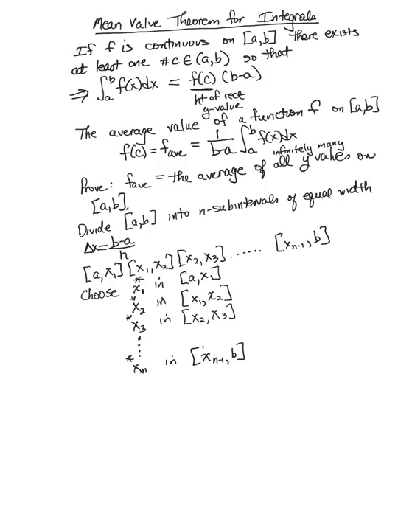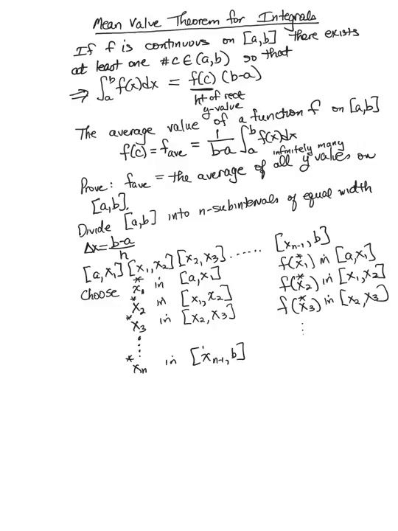And now that we've chosen them, we're going to get their corresponding y values. So the y values would be f of x1 star in the first subinterval, f of x2 star in the second, f of x3 star in the third, finally to f of xn star in the last subinterval.